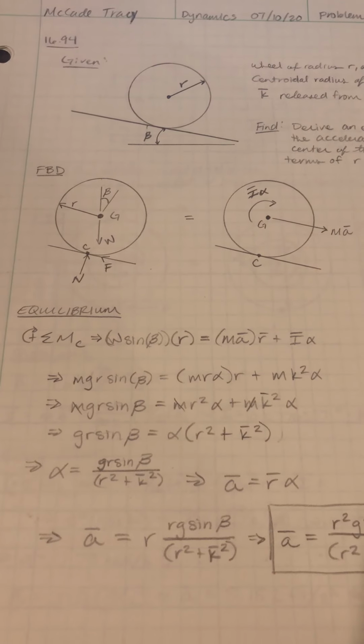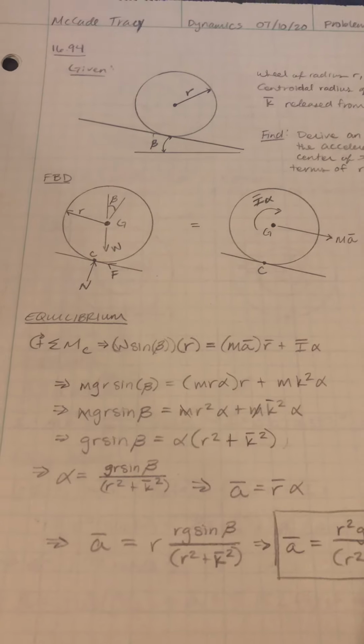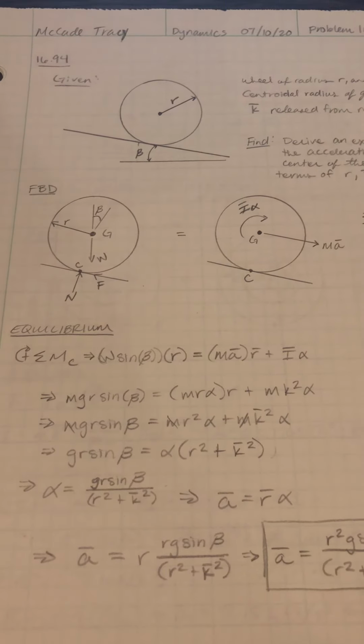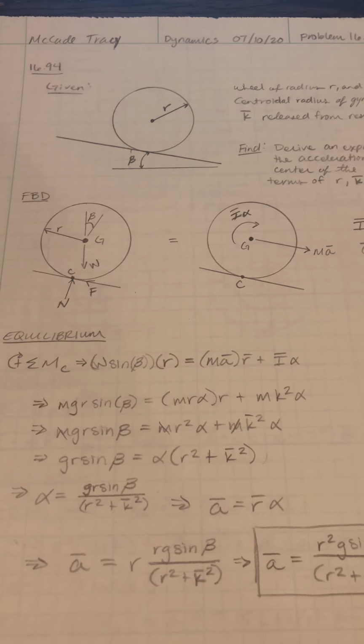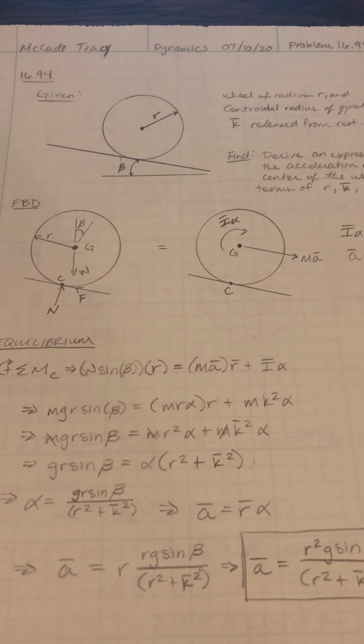Then as we sum moments about the contact point C, we have the weight multiplied by sine of beta times the radius is equal to the mass times acceleration times r plus moment of inertia times alpha.